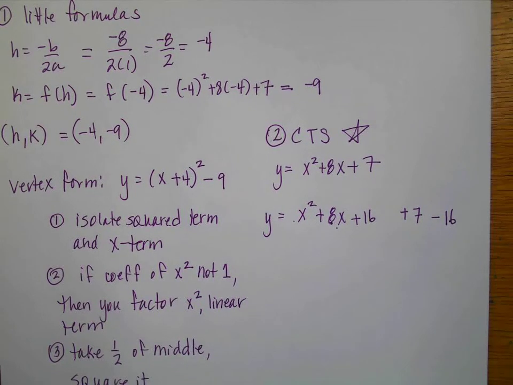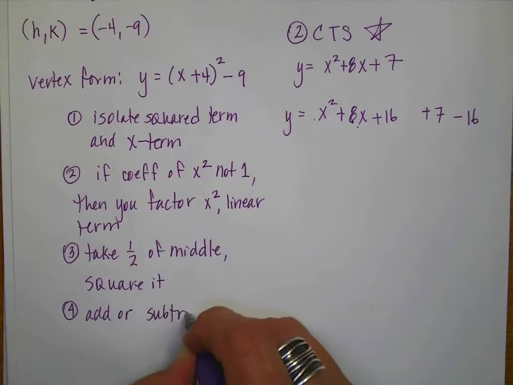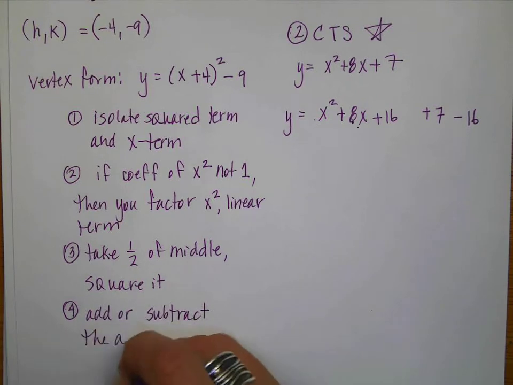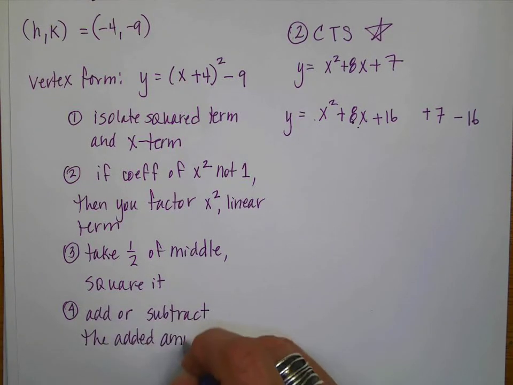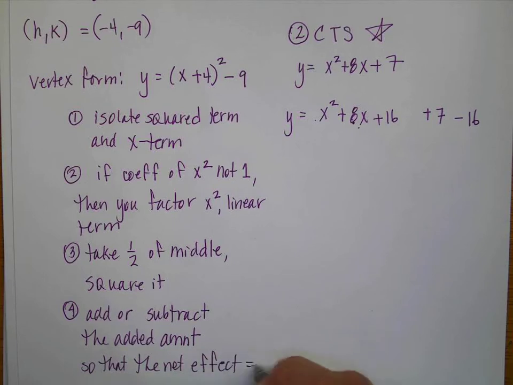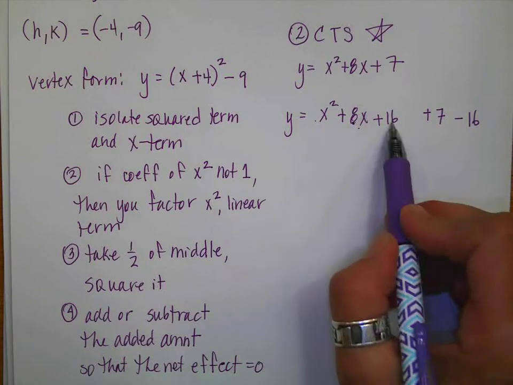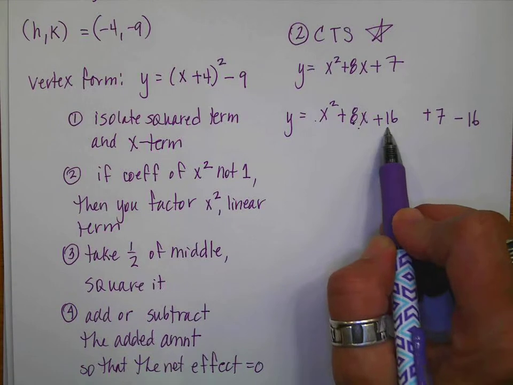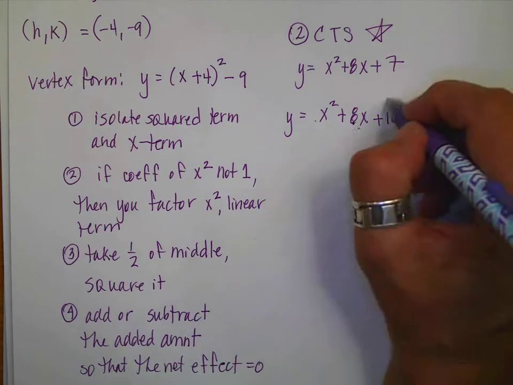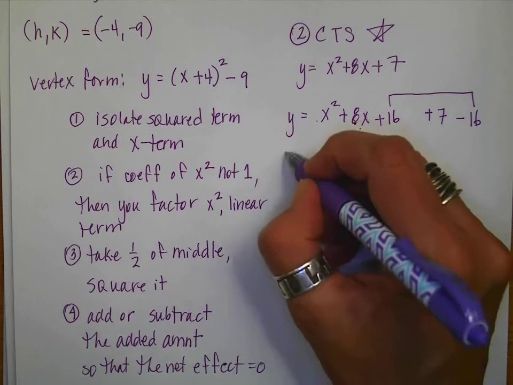That's actually the next step: add or subtract the added amount so that the net effect is equal to 0. So notice that I took half of this term, which was 8, to get 4, I squared it to get 16, so I added 16 to the equation, so now I have to subtract 16 because I can't change the overall value of the original equation, but I can manipulate it.